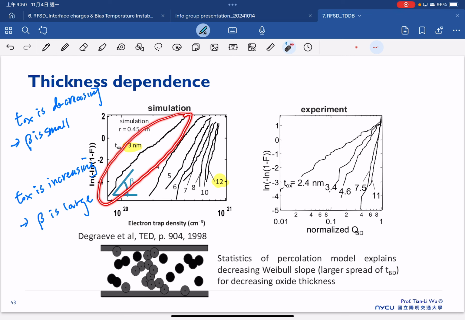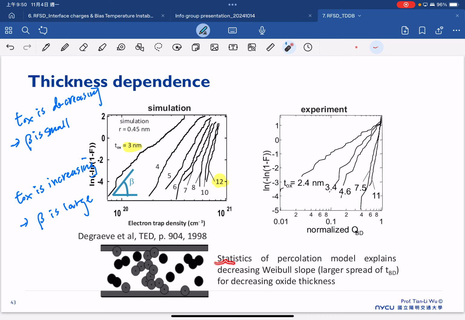So the time to form the conducting path will be widely spread because our dielectric is thinner. The number of defects we need to form the conducting path is relatively small, so it is easier to form, and therefore our statistical results are widely distributed.